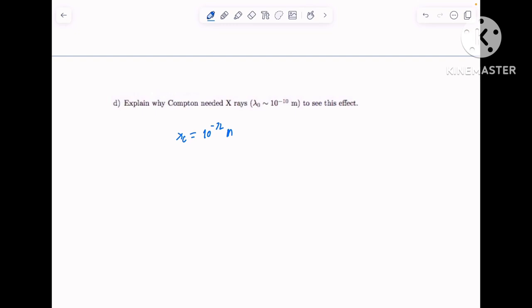And X-rays are around 10 to the power of minus 10 meter. Visible light is around 10 to the power of minus 7 meters, so the wavelength shift is too small to detect with current instruments. So X-rays are used to observe the Compton effect because the shift is significant and measurable.